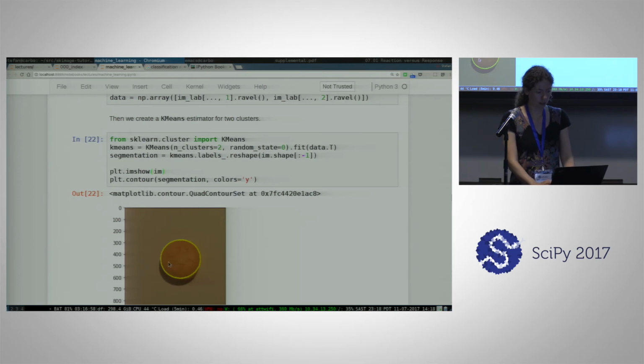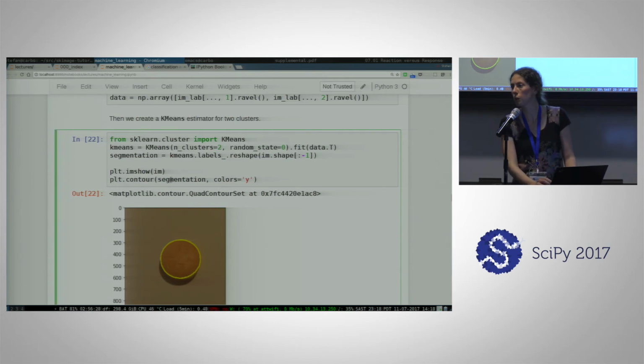So here I plot the original image and the contour. So everybody is familiar with this contour function of matplotlib, or no? Yeah.